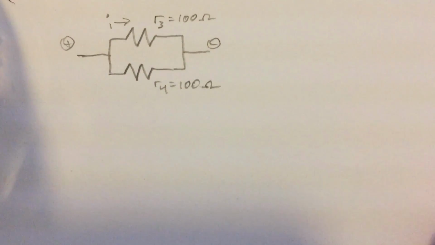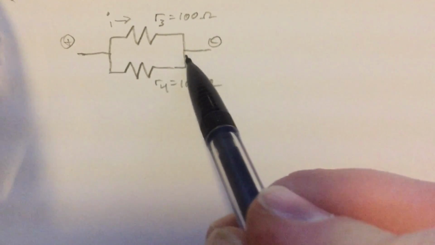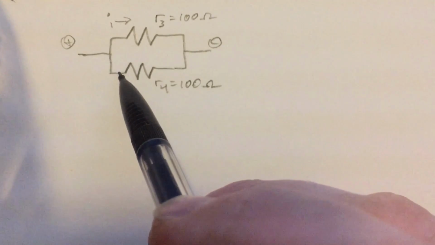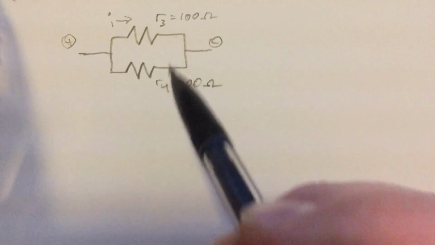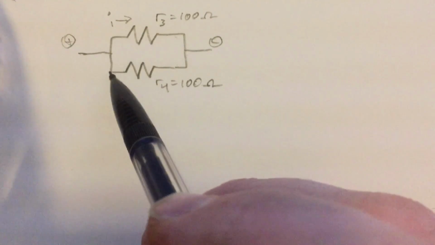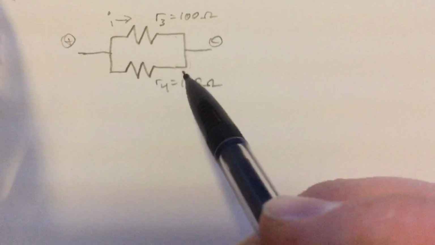Now, the general formula for resistive equivalence when you have two resistors in parallel, that being the positive ends of both resistors are wired together in one node. This is a node. This is a node.